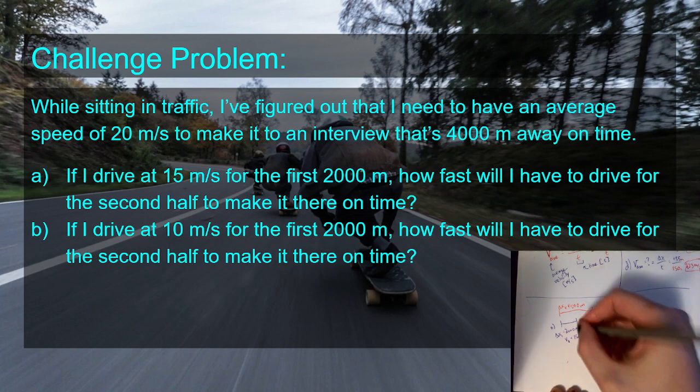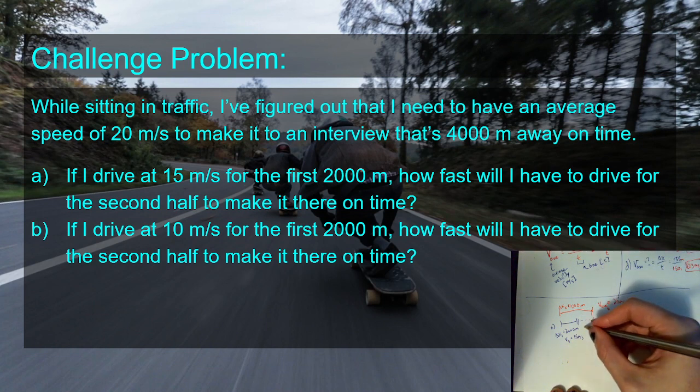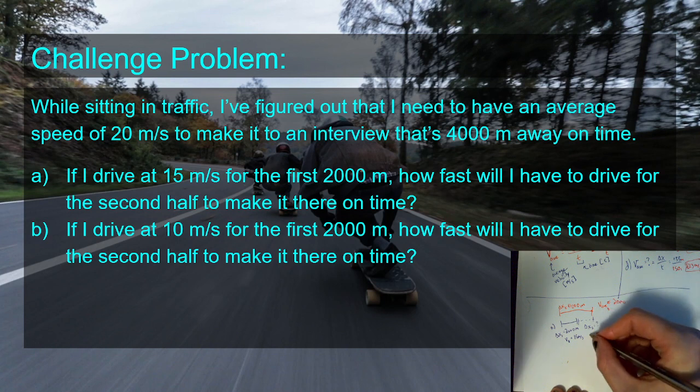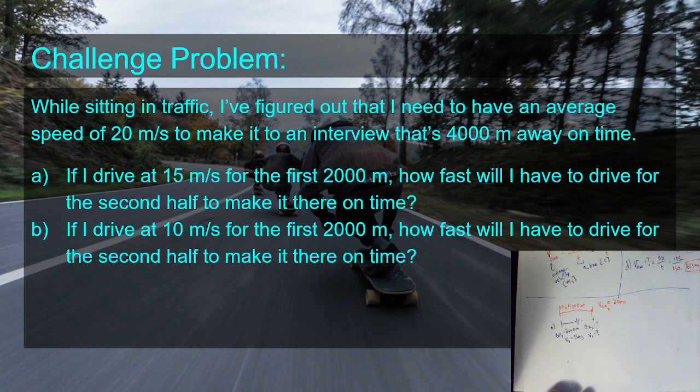What I don't know is anything about the second section. Now, you might be able to figure out some pieces of it, but it's not explicitly given in the problem yet. So I don't know my distance for the second section, and I don't know my velocity for the second section. And that's what we're being asked about for A. What's our velocity for the second section?